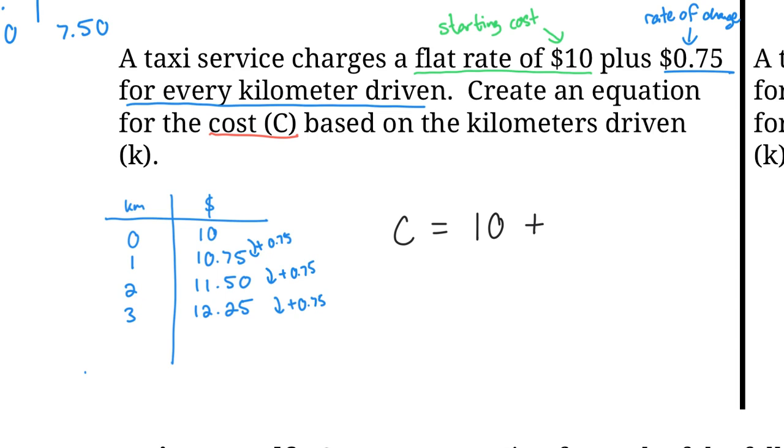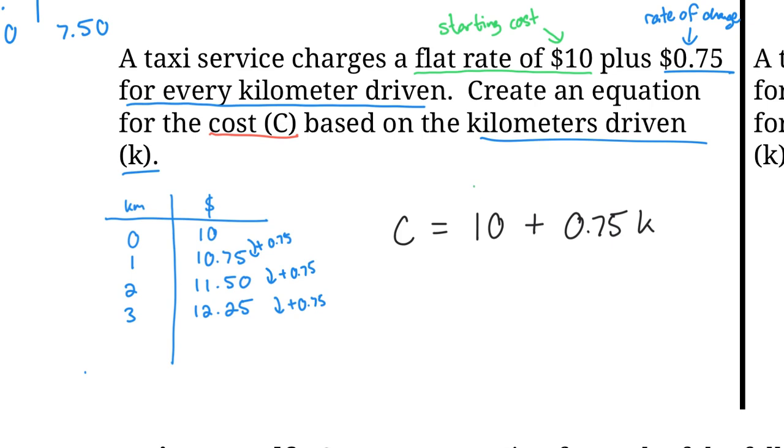And our rate of change is 75 cents for every kilometer that's driven. And since K represents the number of kilometers, we're multiplying 0.75 by K. So our equation is C equals 10 plus 0.75 times K. Our cost is equal to $10 plus 75 cents multiplied by the number of kilometers.